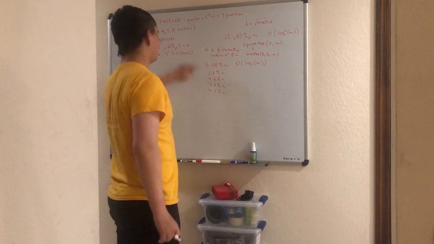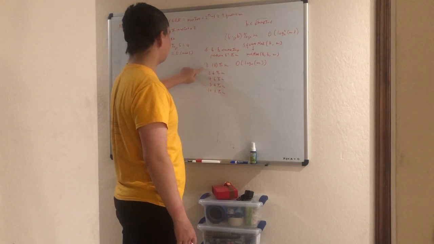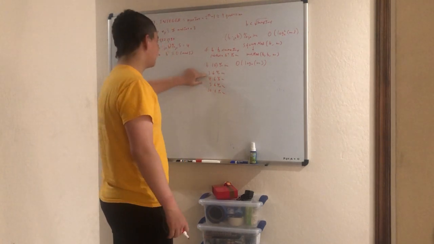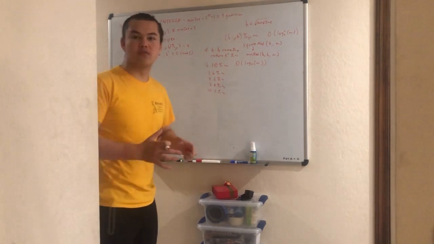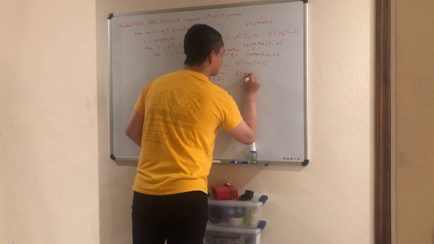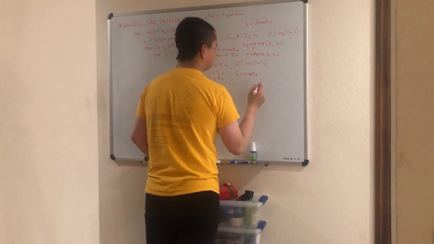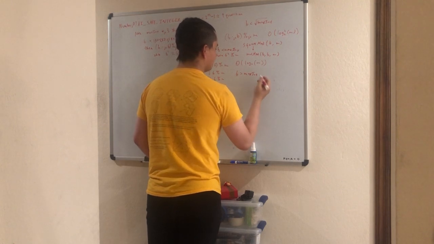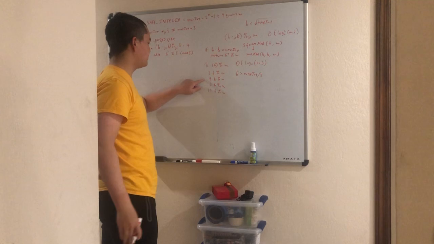There's an issue though. While this makes overflowing a lot less likely, it's possible that 2 times b mod m will also overflow. So if b is greater than max integer over 2, then there's a possibility that there's overflow.